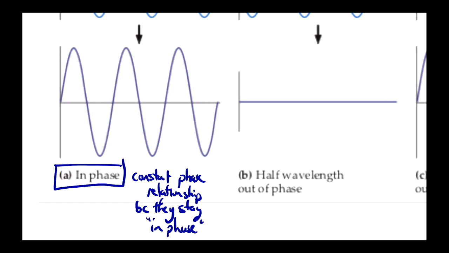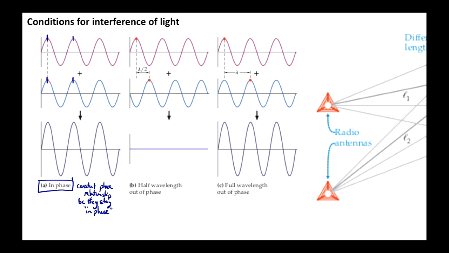As time goes by, this idea of them peaking at the same time and valleying, to coin a word, at the same time, never changes. All throughout time, that relationship stays constant. So you might think, well, how could I ever really have something else that would still maintain a constant phase relationship?